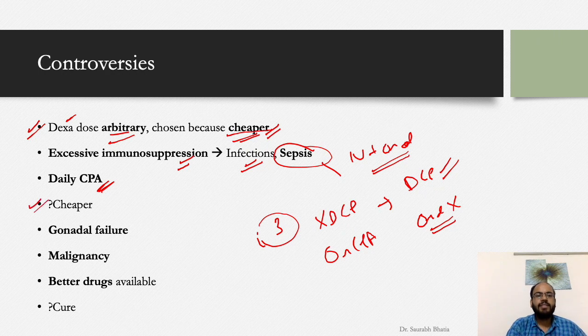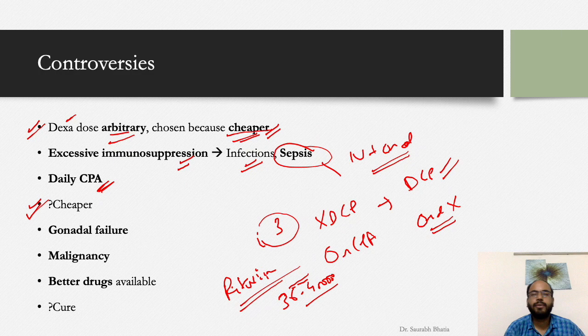Now, is it really cheaper? We know that rituximab biosimilars have been available to us for a prolonged duration now. It can be easily acquired. The cost is around 36 to 40,000 depending on what institute or what brand you're getting and where you're working.